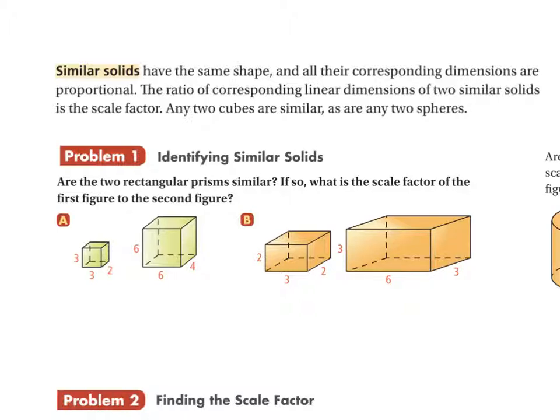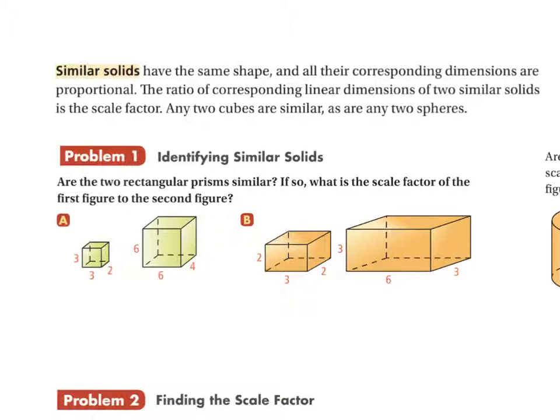And in order for them to be similar, that means any pair of corresponding sides need to give us the same scale factor. Okay? So it shouldn't matter if I'm comparing the height of a cylinder or if I'm comparing the radius of two cylinders. I should always get the exact same scale factor if these two things are in fact similar.